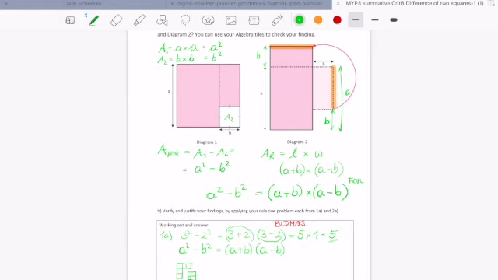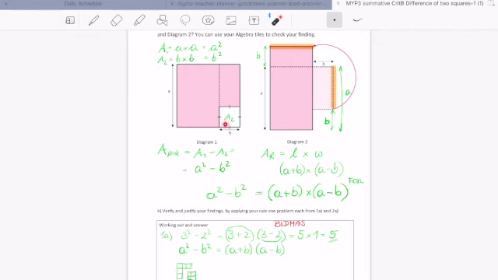Now, comparing it to our diagram up here, in particular this one here. So this is the square I am taking out from that first square. And this is equivalent to this one here.